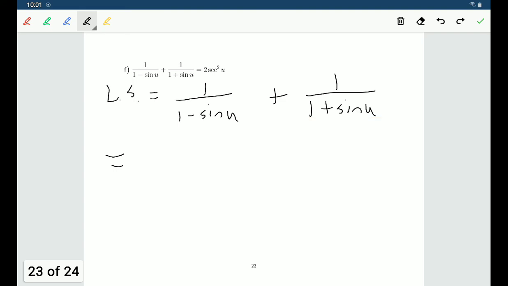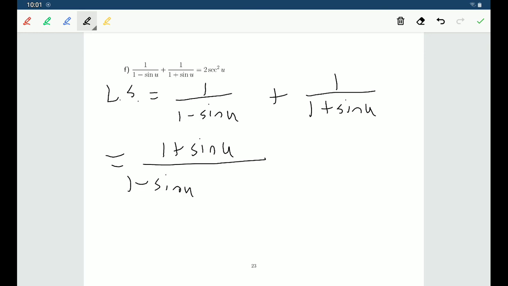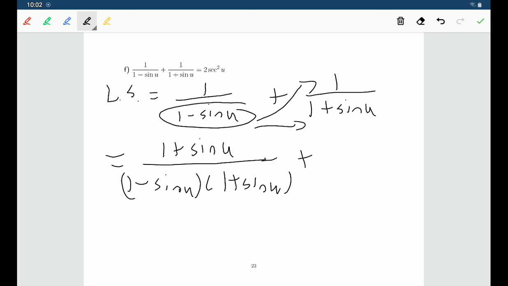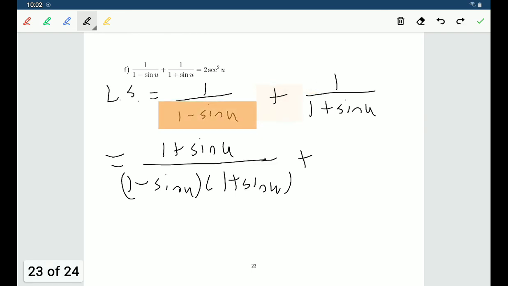So you'd have 1 plus sine u on the top and 1 minus sine u times 1 plus sine u on the bottom. For the second expression, I'll multiply top and bottom by 1 minus sine u, so that I would have 1 minus sine u on the top, and then I would have the same denominator.